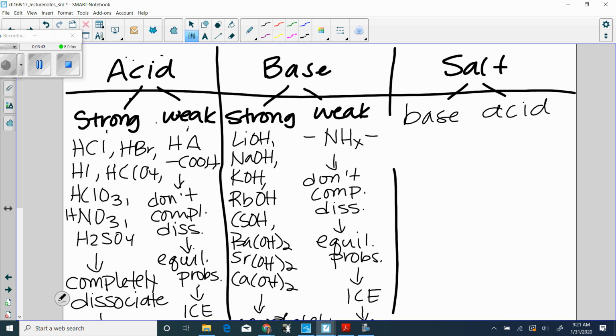So the salt is going to have part of a base, part of an acid. If the base part is strong, like this one, the blue base part was a strong base. I know that because I have practiced memorizing my strong bases. Then our first step is we are going to solve for Kb.